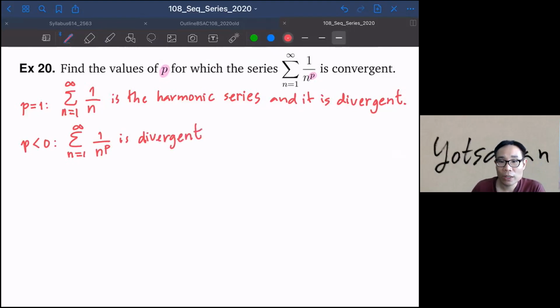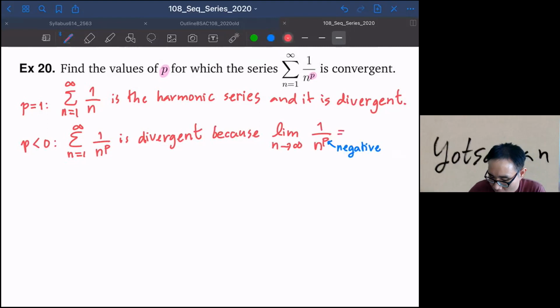It turns out to be divergent because if you consider the limit as n goes to infinity of 1 over n to the p, and this p turned out to be negative, it means you have n to the negative. So this will be equal to the limit as n goes to infinity of n to the minus p.